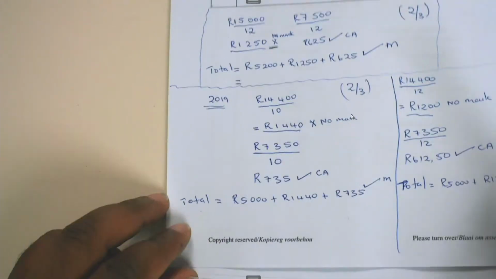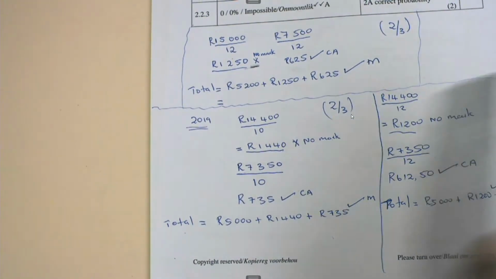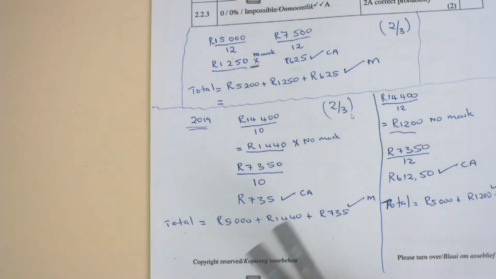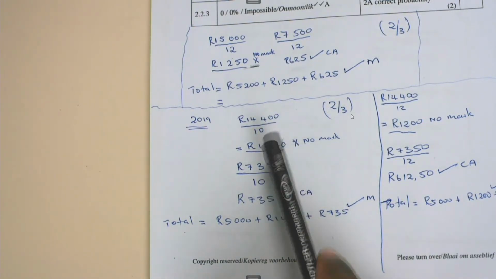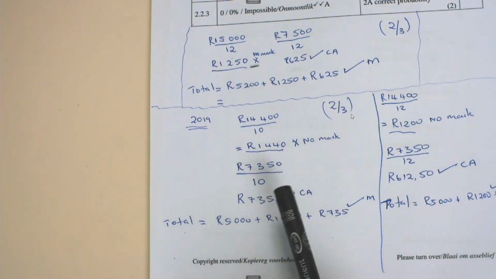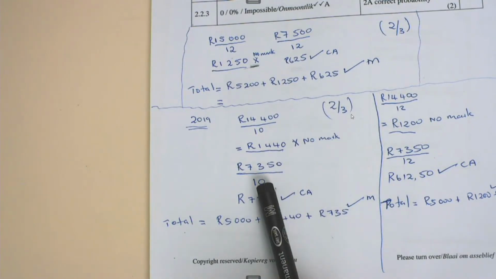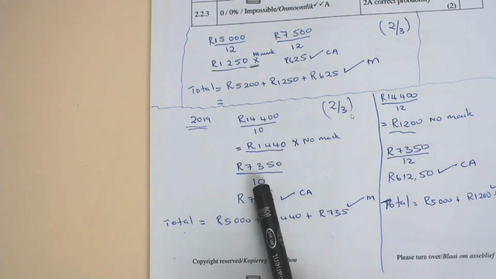Now let's look at if the learner uses the 2019 amounts and divides by 10. So it will be 14,400 divided by 10. The learner will get 1,440. And then there is no mark for that. And then if the learner continues to take the travel allowance of 2019, then the learner will take 7,350 divided by 10, and the learner will get 735.